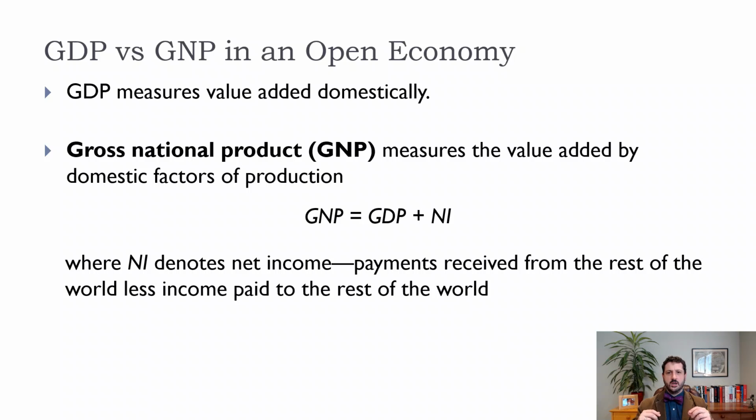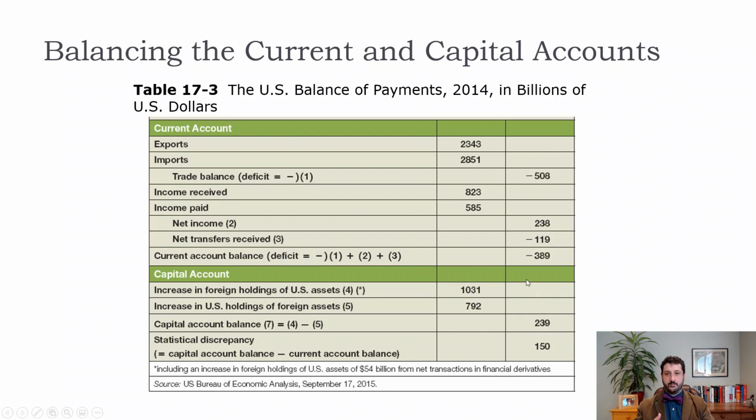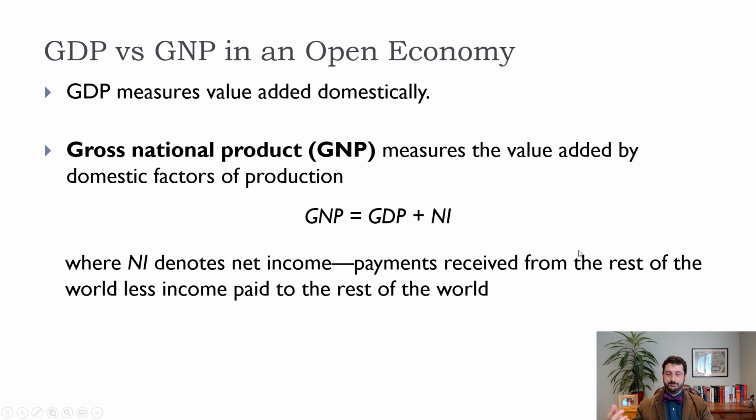And so GNP is just GDP plus net income, right? So our net income we saw from here was 238. So we had positive net income, so our GNP was a bit higher than our GDP.